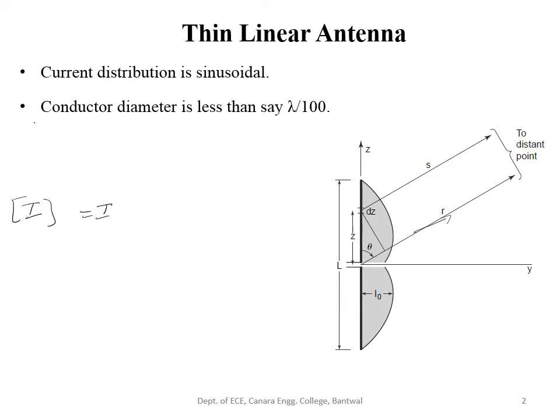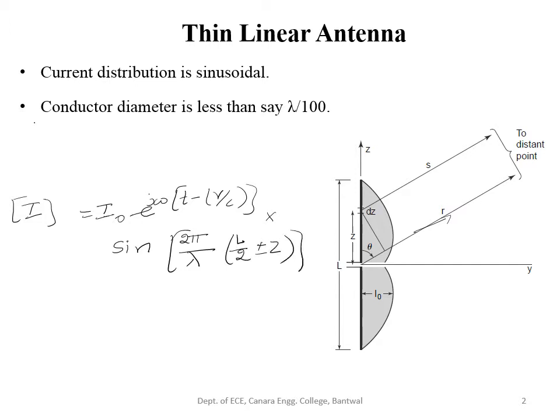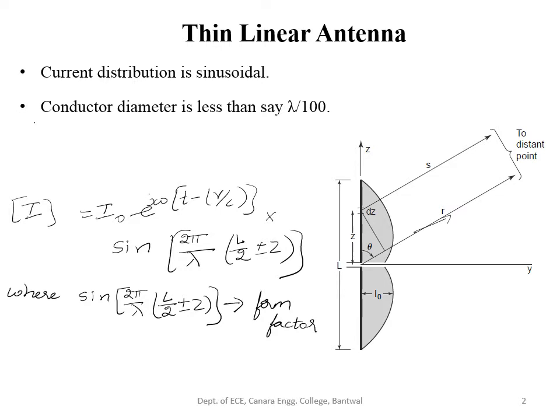I is equal to I naught e to the power j omega t minus r by c into sine of 2 pi by lambda times L by 2 plus or minus z, where sine of 2 pi by lambda of L divided by 2 plus or minus z is the form factor for the current on the antenna.